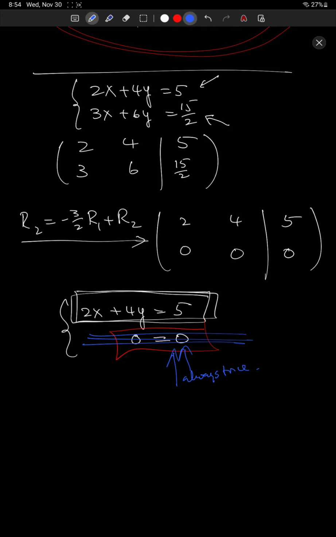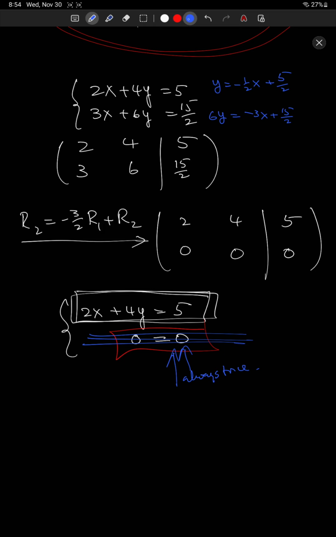And let's actually see that. This first one was y equals minus 1/2 x plus 5 over 2. Let's solve the same thing for the second one. We throw the 3x to the other side. 6y equals minus 3x plus 15 over 2. Sorry, that was a 5 over 2.